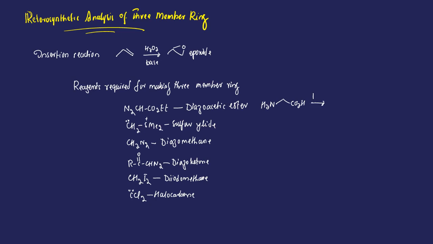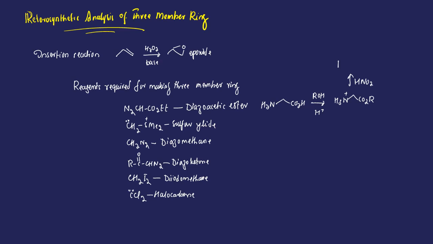It is subjected to Fischer esterification in the presence of acid, and this species is ultimately subjected to a diazotization reaction by treatment with nitrous acid.